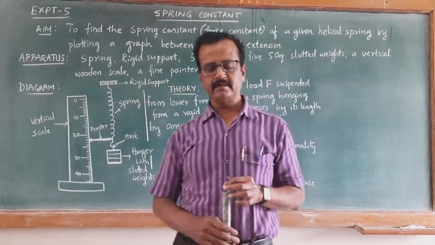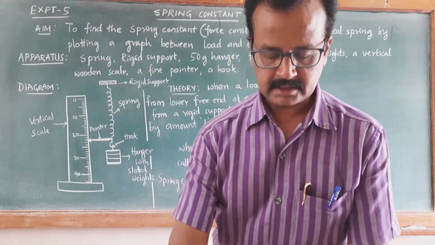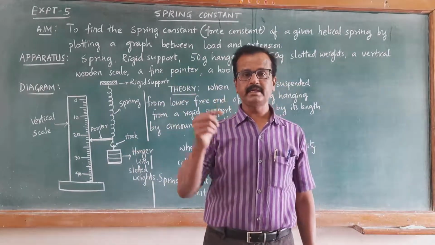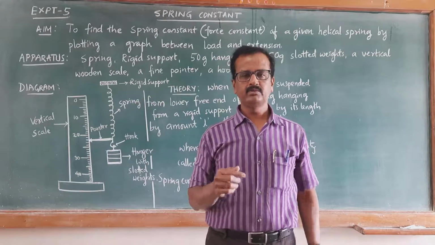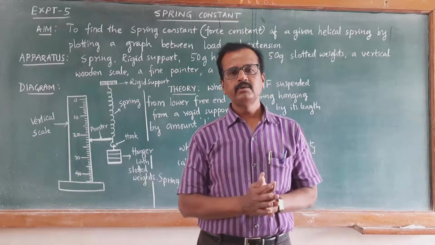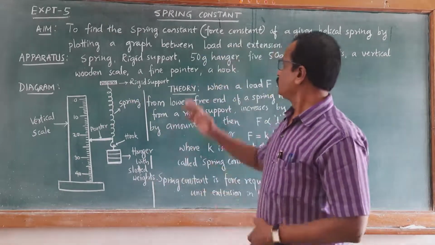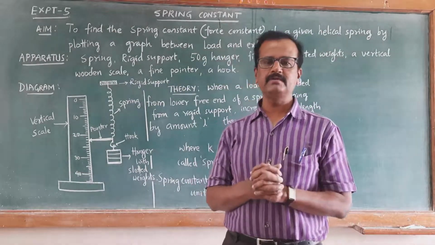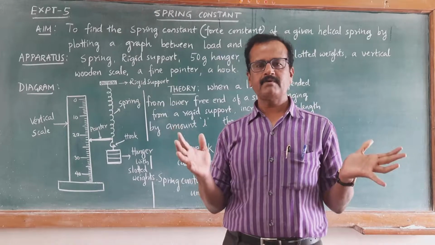So we take the observations for every suspended load, what is the corresponding extension. We calculate, and then finally we draw a graph of load versus extension. From this graph we get a straight line.